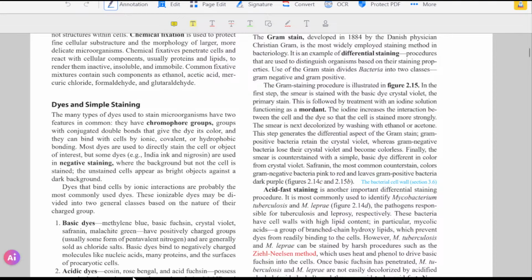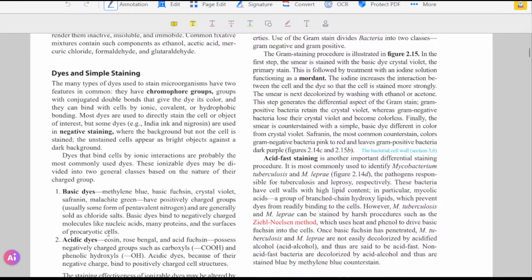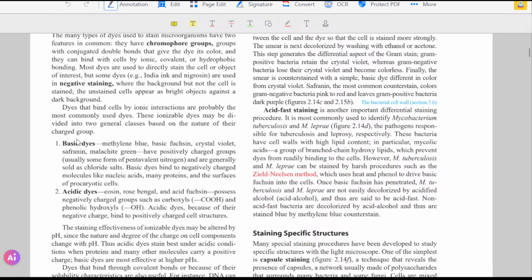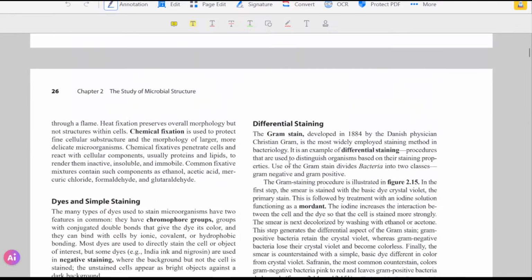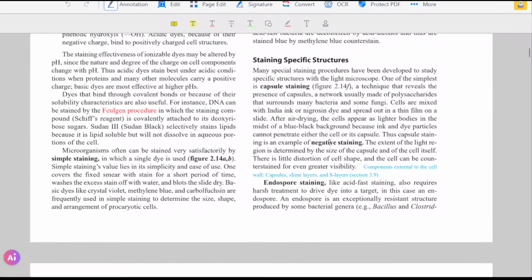They want different types of stains. Fungi have their type of staining, bacteria have their type of staining. Different types of dyes are used: basic, acidic, neutral, acid-fast, and we are going to cover all of that.